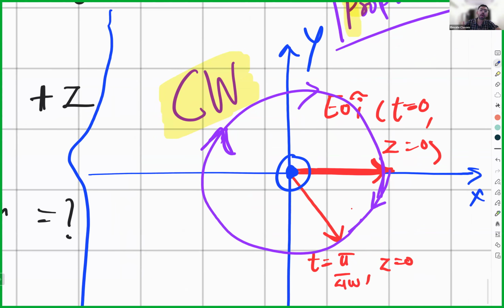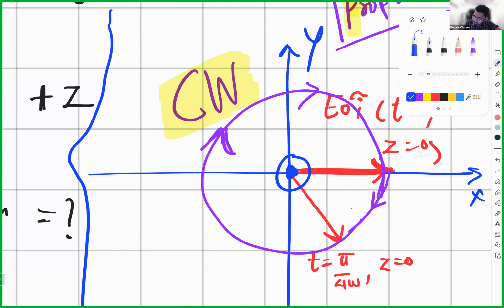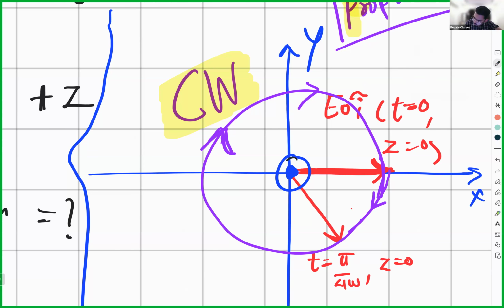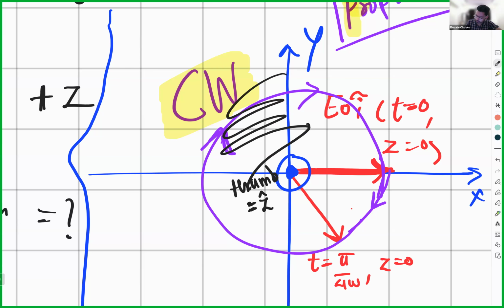So if I put my thumb in the outward coming z direction, then how does my curling finger look like? This is my thumb. Thumb is along plus z cap direction. Then my curling fingers are in this direction. Do you agree? My curling fingers are in the anti-clockwise direction. Okay.